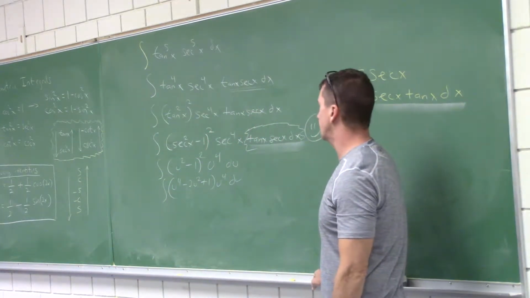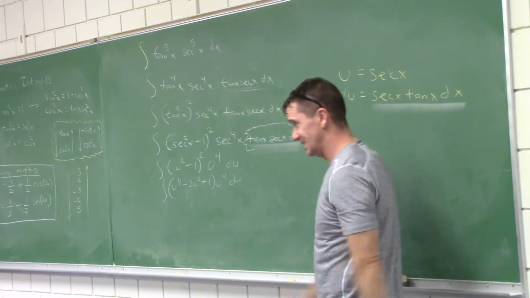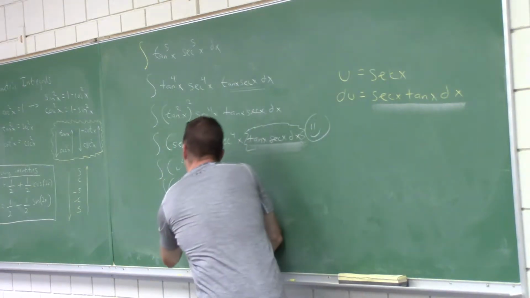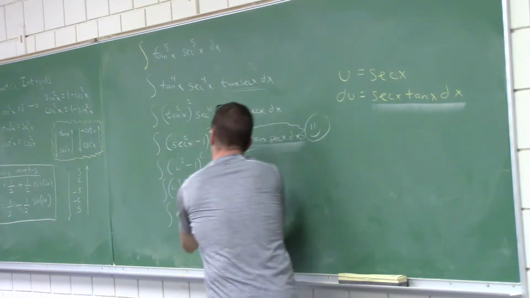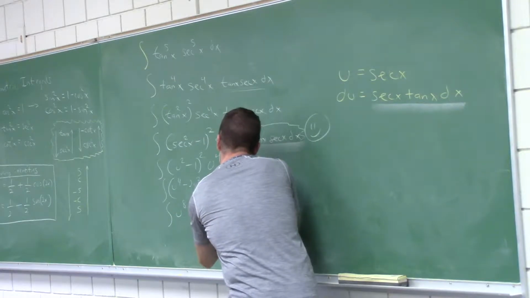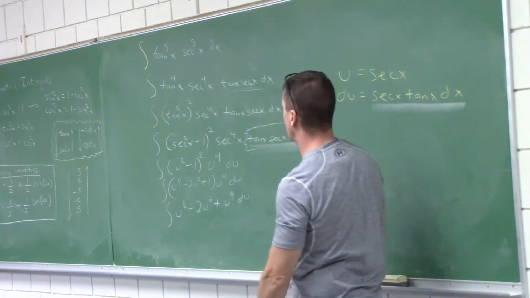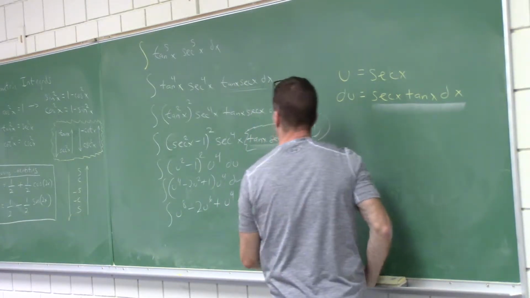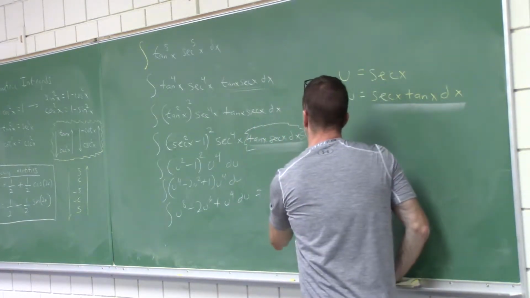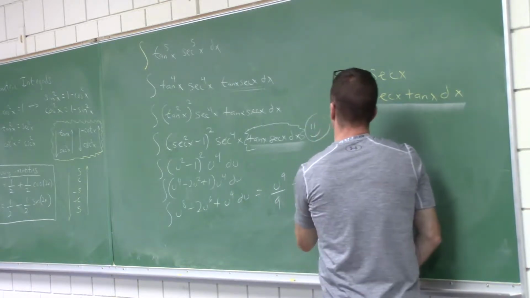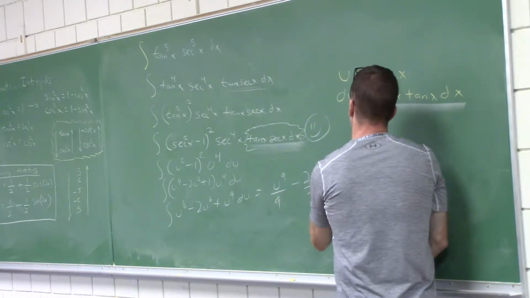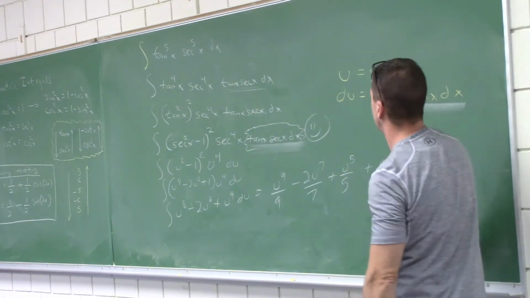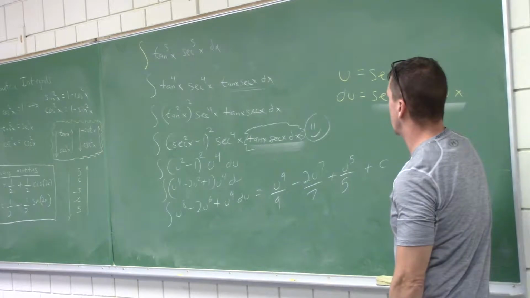Oh, here we go again. U to the fourth times u to the fourth, u to the eighth. Add exponents. Minus 2u to the sixth. Add exponents. That's just u to the fourth. So I get u to the ninth over 9 as the antiderivative, minus 2u to the 7th over 7, plus u to the 5th over 5, plus C. And I'll put the u's back.